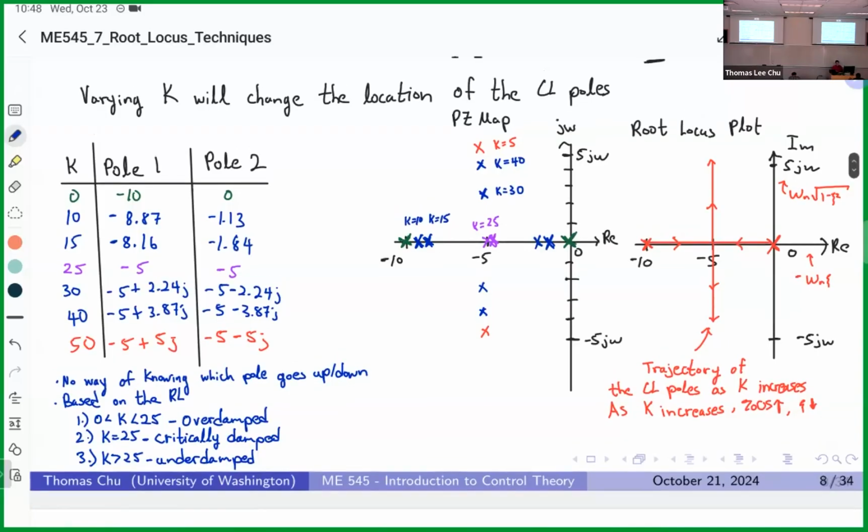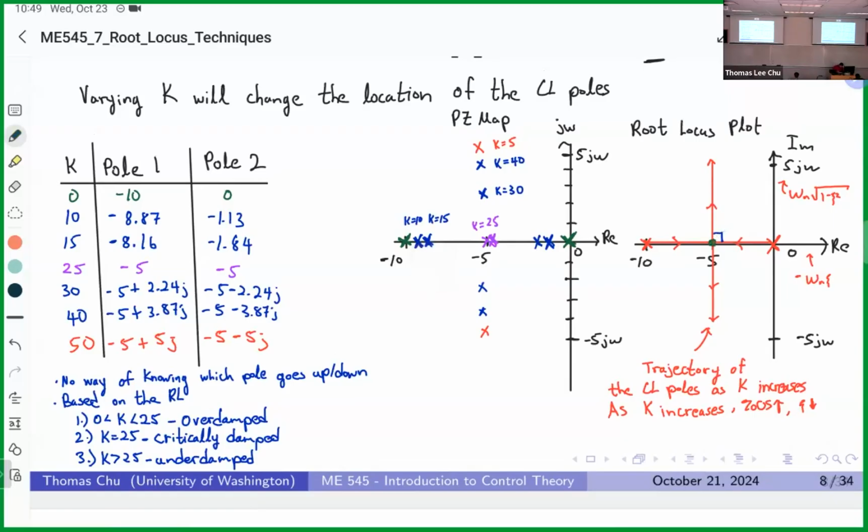And when you look at this plot, you can tell that the system will never be undamped. It'll always have some damping, because this root locus plot never passes the imaginary axis. These points are 90 degrees, and later on we'll be able to determine the angles of these breakaway points.